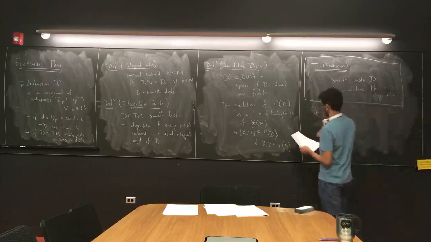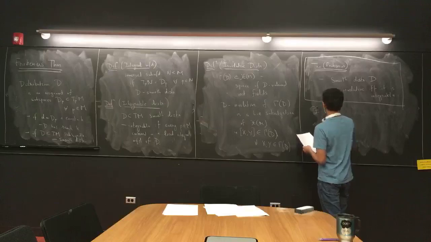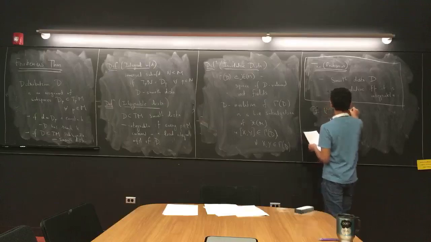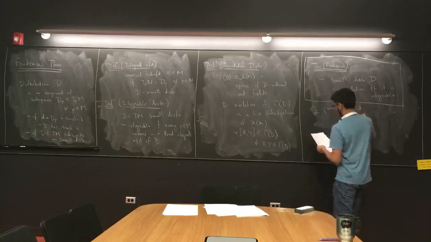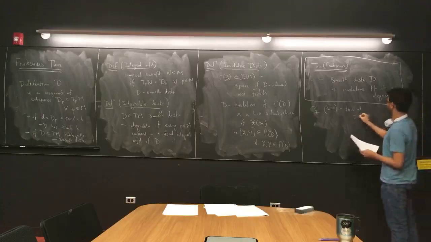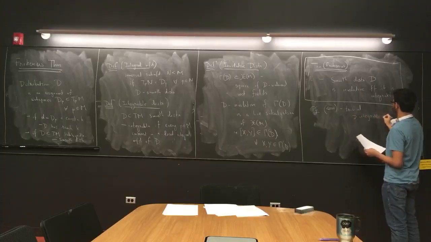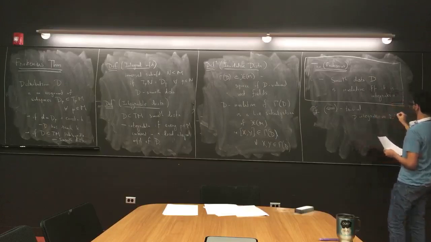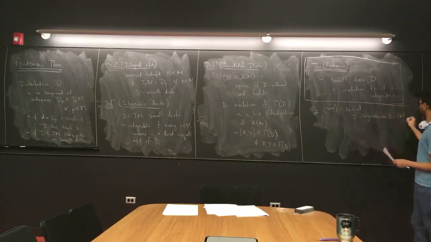So a proof: the backwards direction is sort of trivial, because if D is integrable, D is the tangent bundle of some immersed submanifold locally.